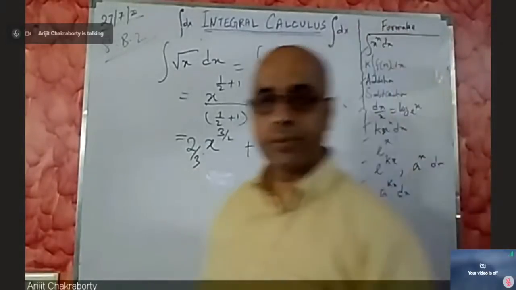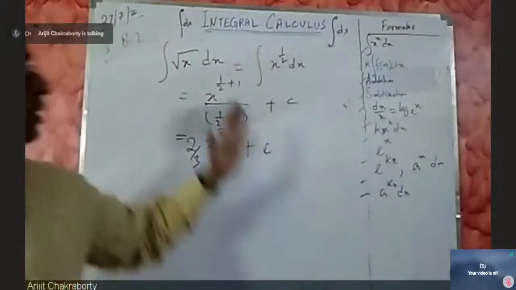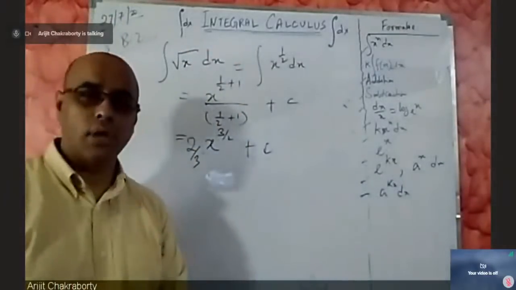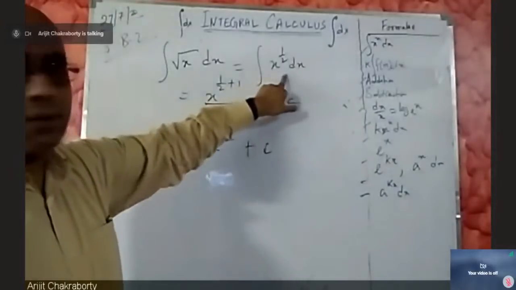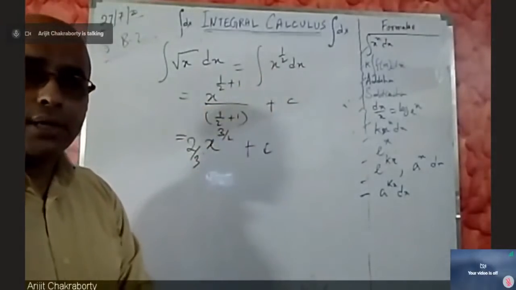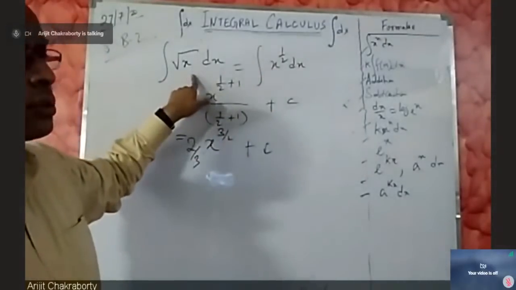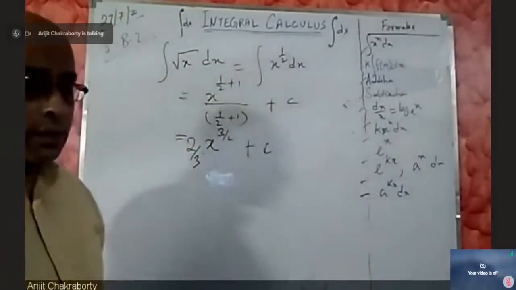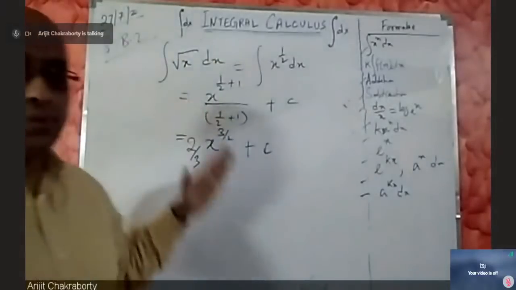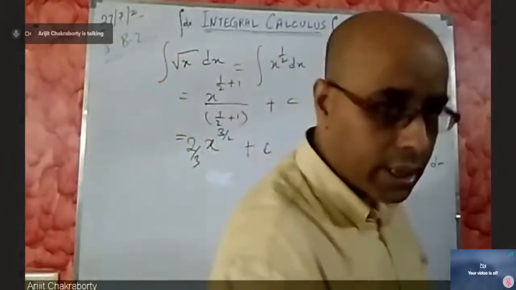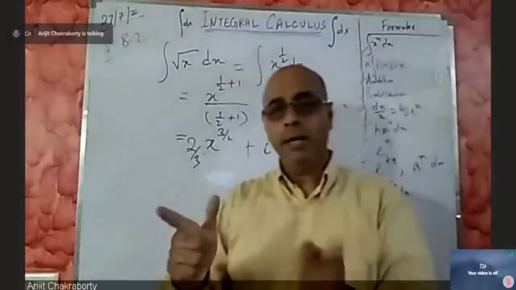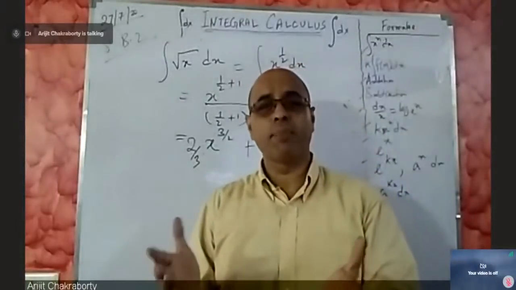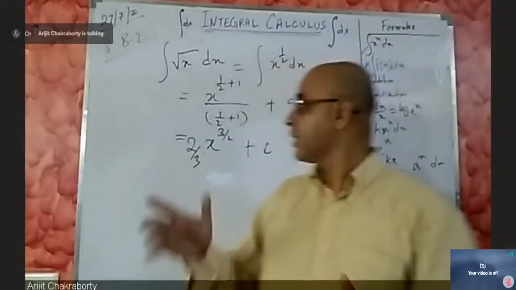So let's just have a look at this expression, how we have solved it. X to the power half dx, x to the power half because it's a square root, right? And this is of the form x to the power n, and this is x to the power n plus 1 divided by n plus 1.